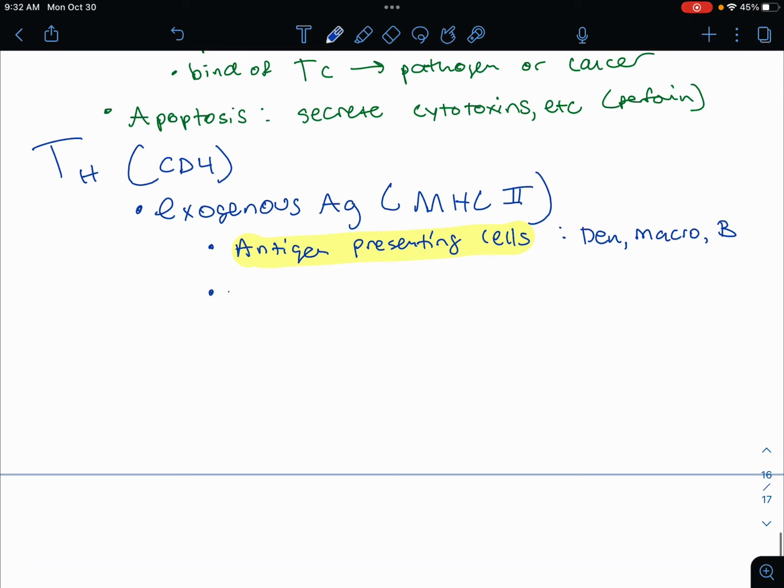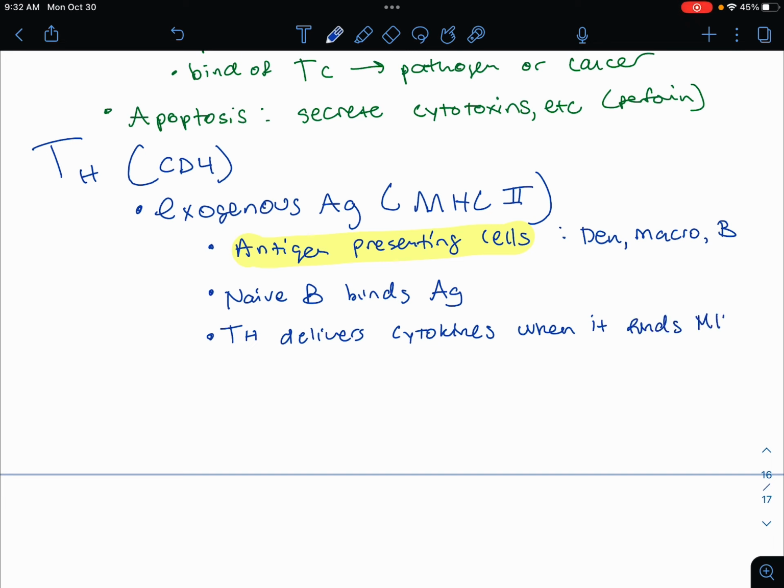The naive B cell binds to the antigen, and then the TH, or the CD4, will deliver cytokines when it finds the MHC class 2.